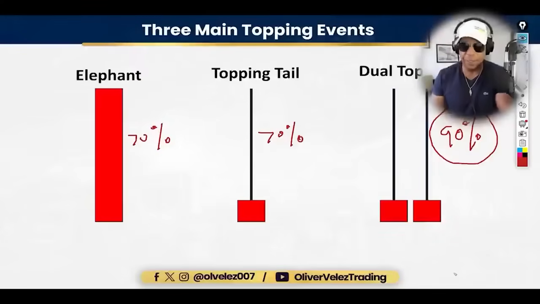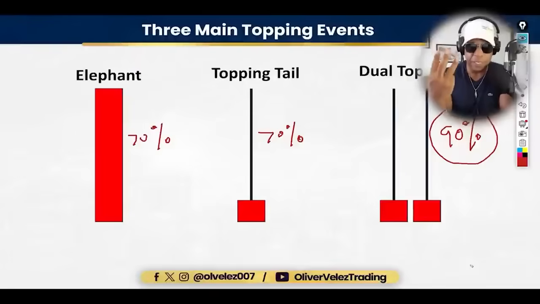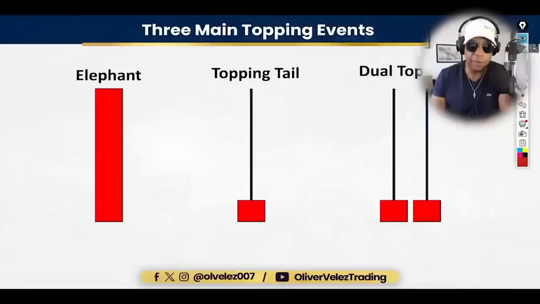But what I'm saying is that this is going to be the most reliable of any topping sign you can get. The dual or more topping tail bar from that 3 position. 90% of the time, you get a collapse, you get follow through, you get more red to come. Very, very powerful.